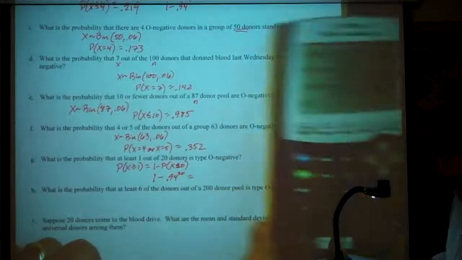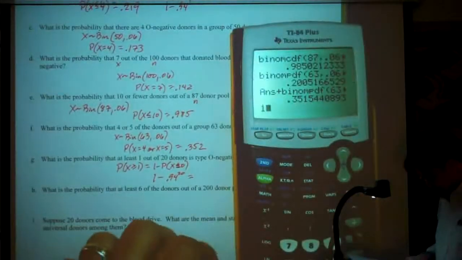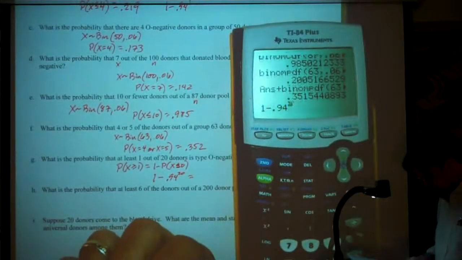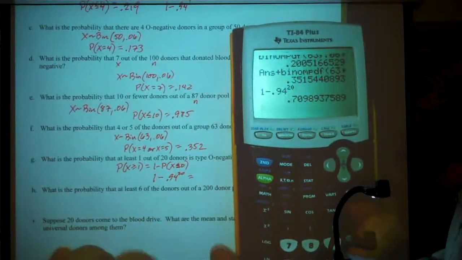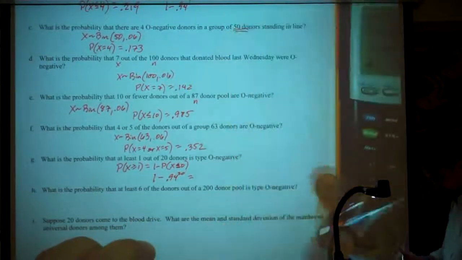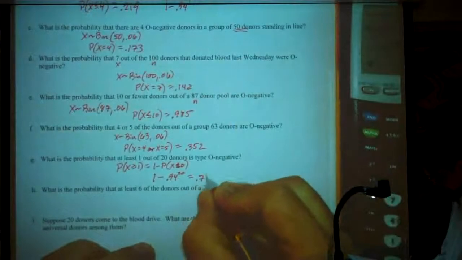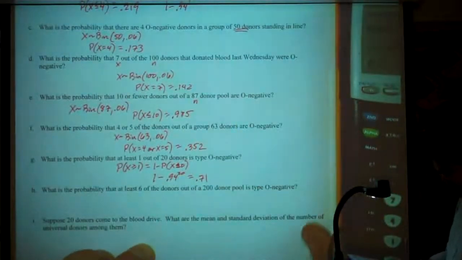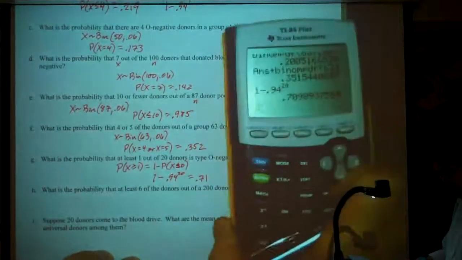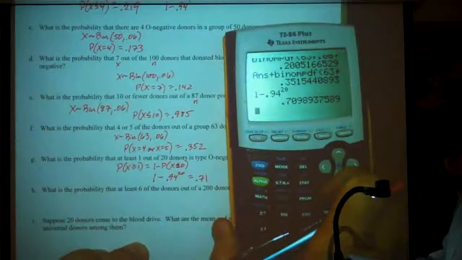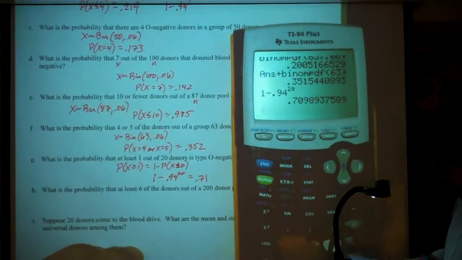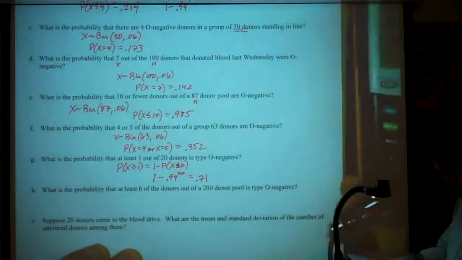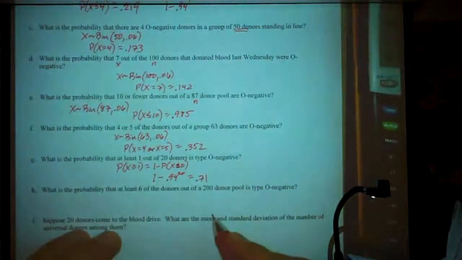And so I'm just going to do 1 minus 0.94 to the 20th power, and that gets me 0.71. Okay? I really could have done the binomial distribution where X equals 0, but if you know what a binomial distribution is, that really should be easy.